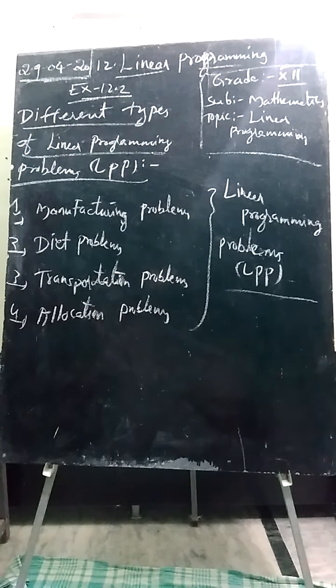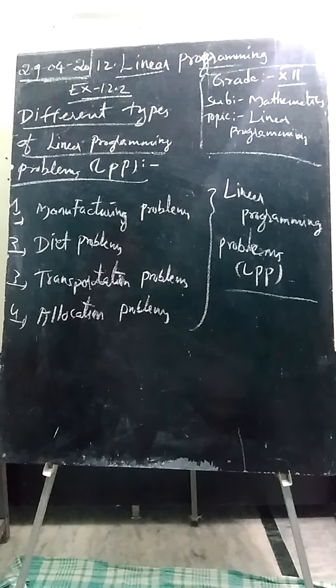And there are some more applications, both minimizing and maximizing, when inequations and objective functions are given. You have learned how to minimize or maximize the objective function with respect to the inequations or constraints or restrictions.